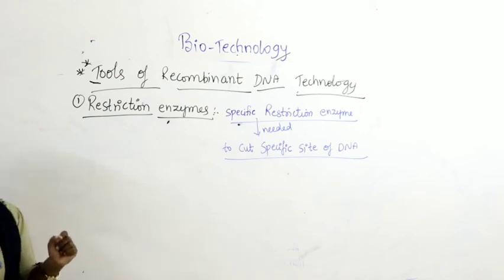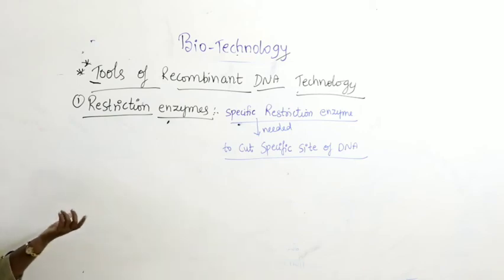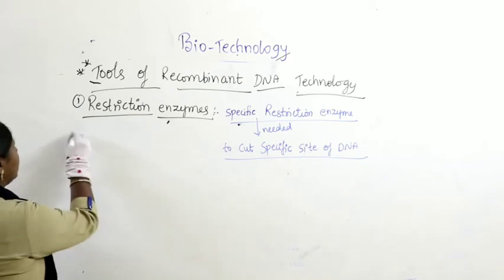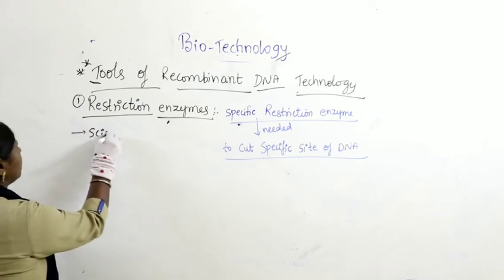Initially in 1972 they constructed the first recombinant DNA, but in 1963 scientists identified two enzymes.